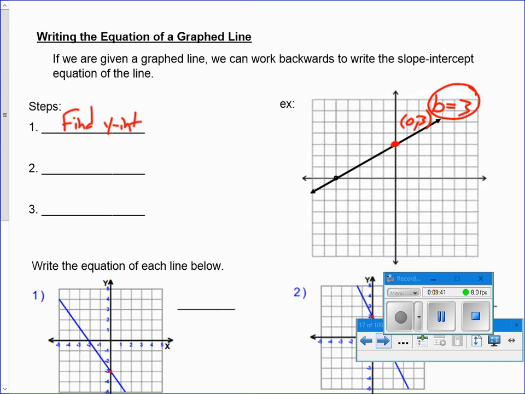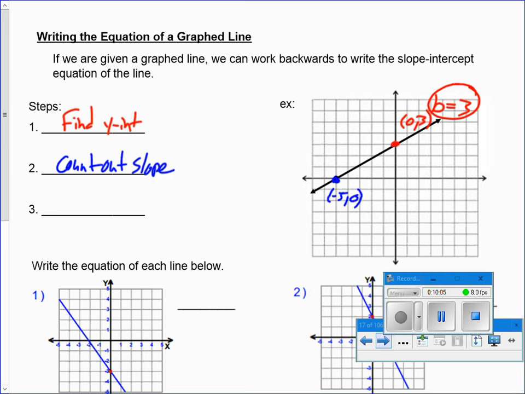So I have the y-intercept, now I'm going to find the slope. Again, we're going to count out the slope. To identify another point on this graph, here's the next point on this graph, (-5, 0).